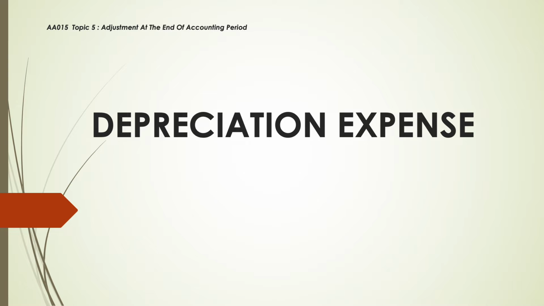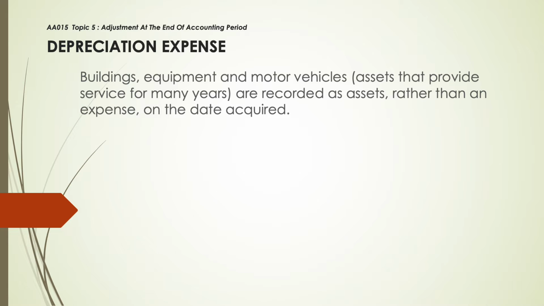Topic 5. Adjustment at the end of accounting period. Depreciation expense. Buildings, equipment, and motor vehicles, assets that provide service for many years, are recorded as assets rather than an expense on the date acquired.